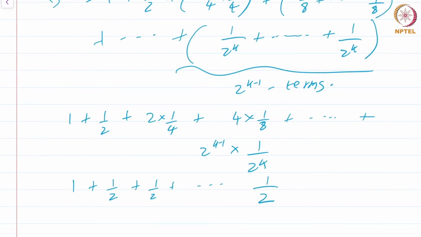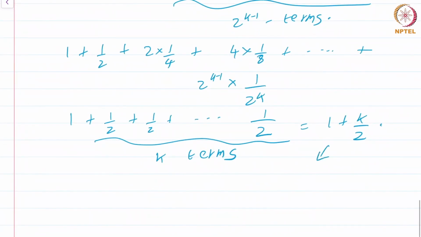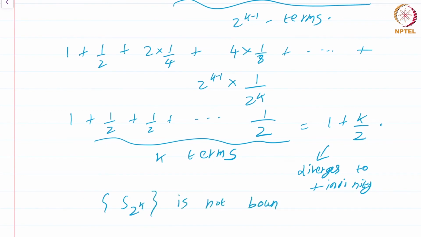There will be k halves. So this will immediately give 1 plus k by 2, which diverges to infinity. Which means the set S_{2^k} is not bounded above.